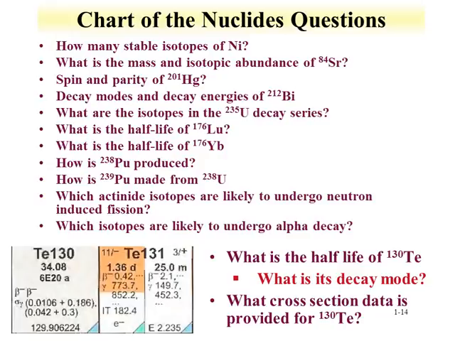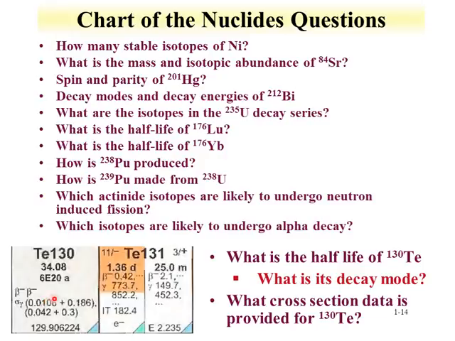From this, what's the half-life of tellurium-130? If I look at tellurium-130, here's the isotopic abundance. Here's the half-life, 6 times 10 to the 20th years. How does it decay? It's got 2 betas. Well, tellurium-130 decays by double beta decay. And what is the cross-section data?